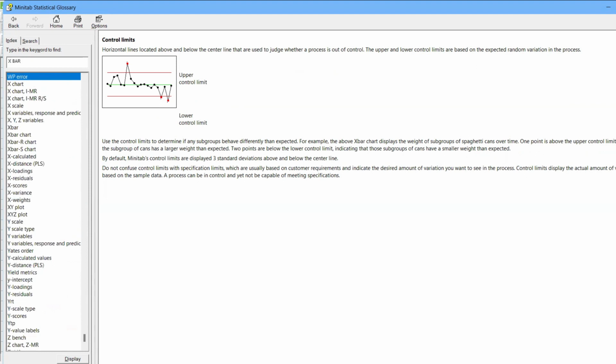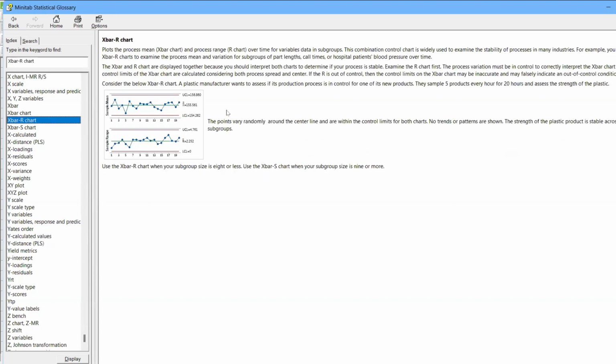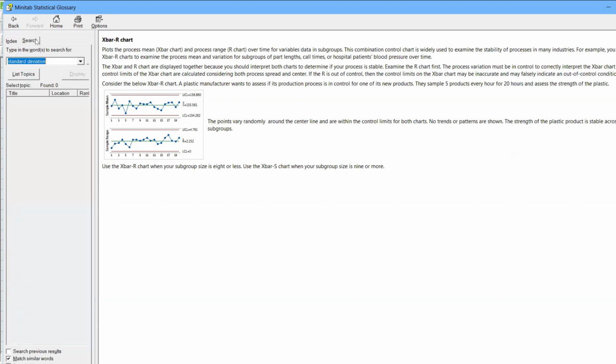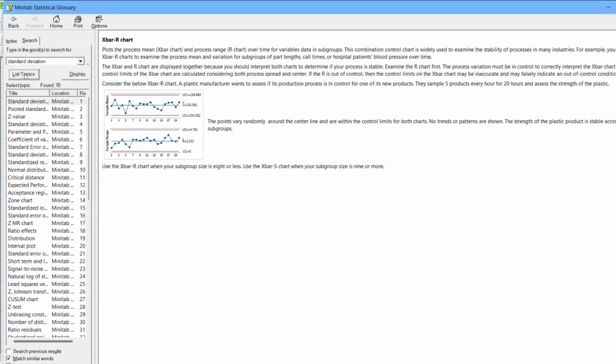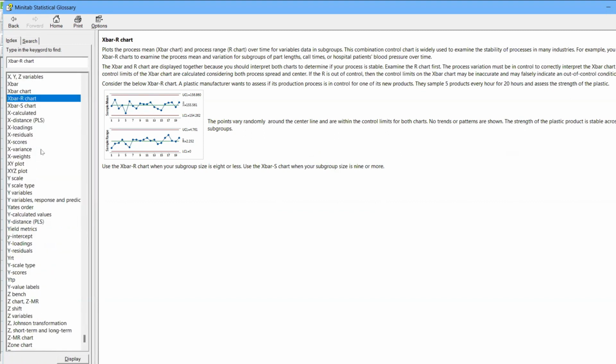In the X bar R chart, you can find it here. So how it is being calculated, everything. Each and every term by term like this, you can find it. By topic, you can find it, and if you want to know by alphabetical order, you can find it too, right?